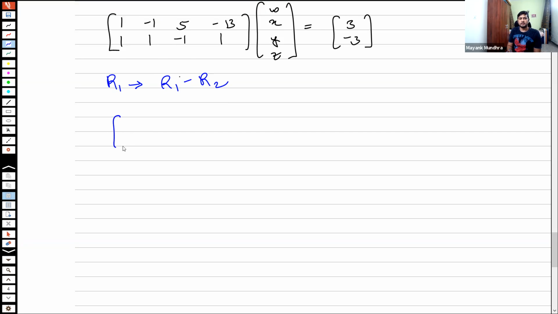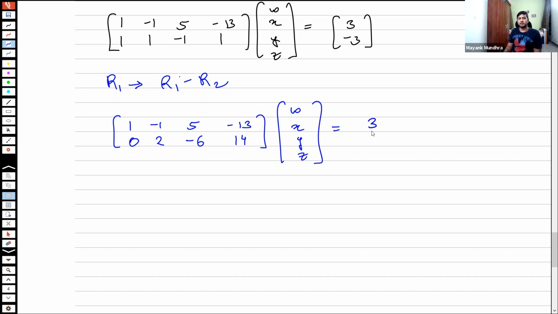So what I'll get is 0, 2 minus 1 minus 5, that's going to be minus 6, and 1 minus minus 13 is going to be 14. w, x, y, z equals 3 minus minus 3, so that's 6.